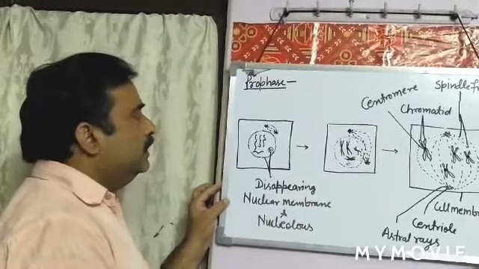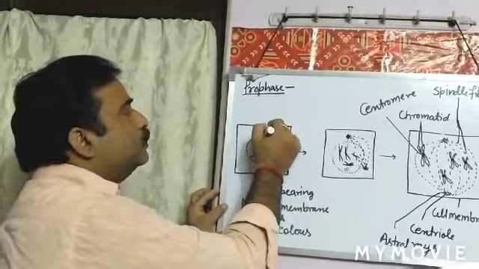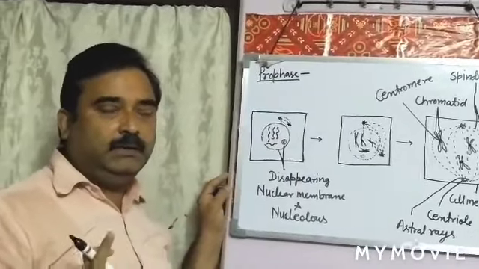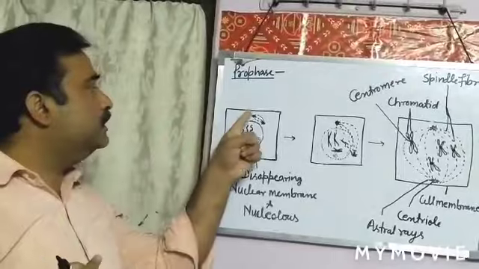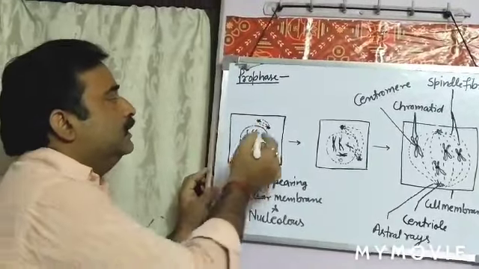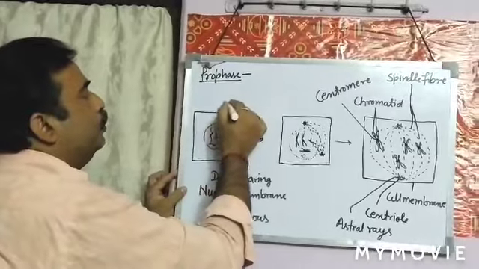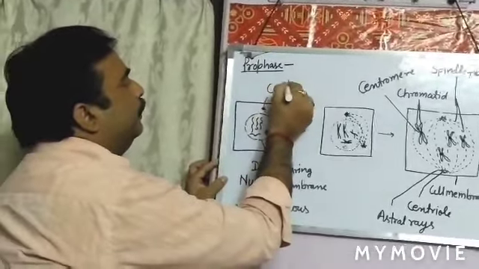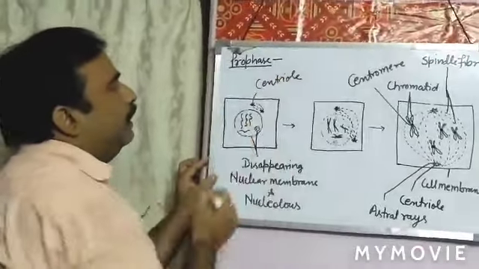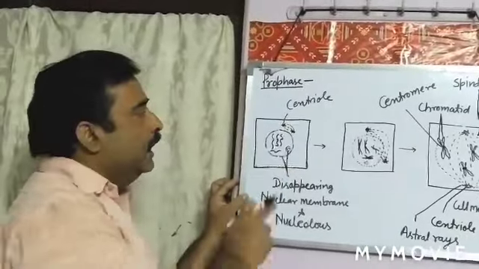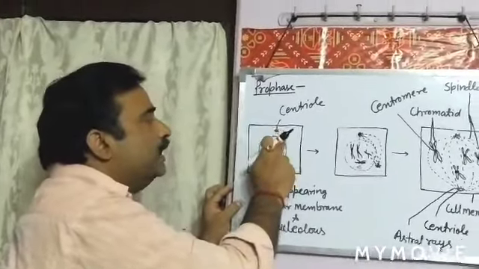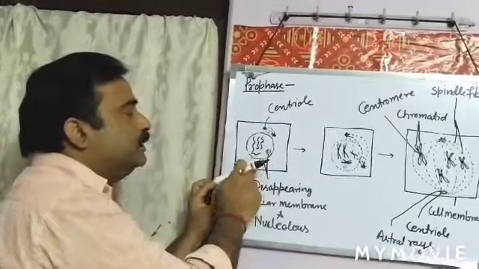Clear? Then the centrosome. If it is an animal cell, then the centrosome is split and produces a copy, and that is called a centriole. And that centriole starts moving towards the opposite pole.